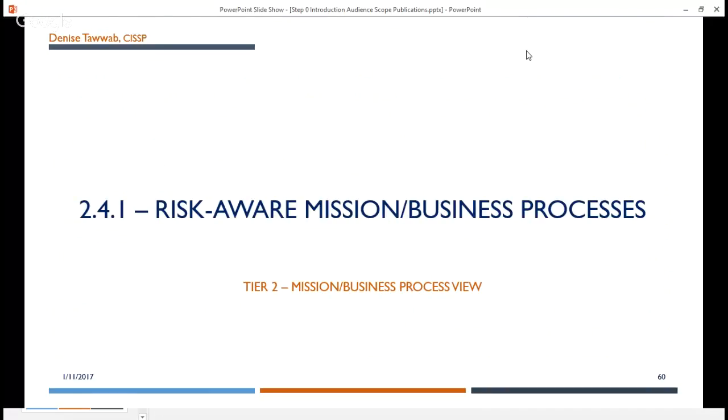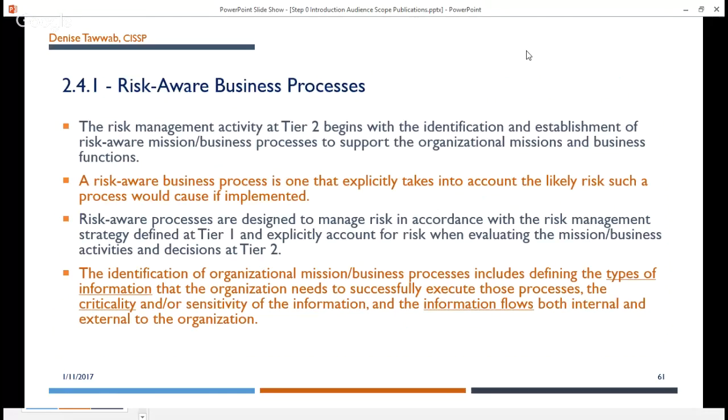Okay, you have to have risk-aware mission business processes. The risk management activity at Tier 2 begins with identifying and establishing risk-aware business processes to support the organization's missions and business functions. A risk-aware business process is one that explicitly takes into account the likely risk such a process would cause if implemented.